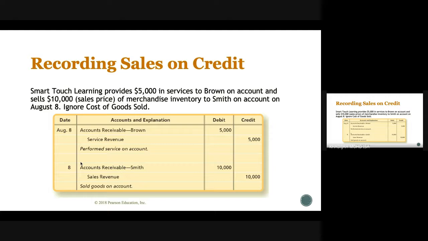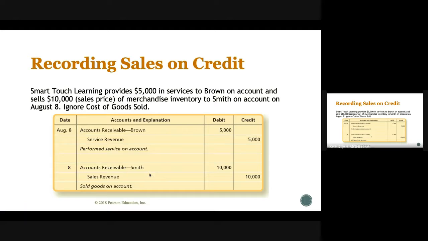In this case, when you have mixed sales, you're going to debit your accounts receivable. You have to create separate accounts for separate customers. So for Brown, you make sales of 5,000 on credit, and on the 8th of August, you make sales of 10,000 to Smith.